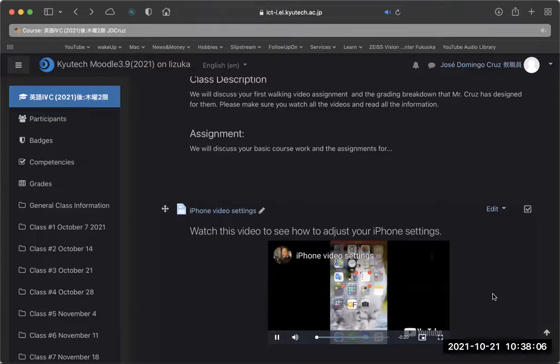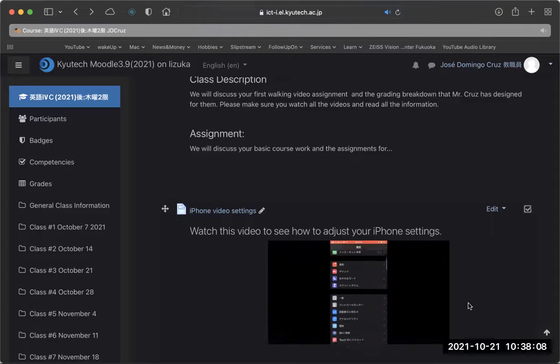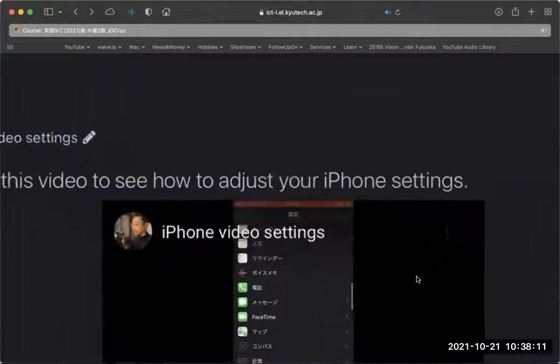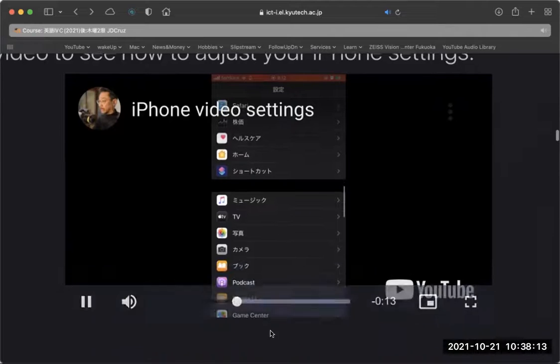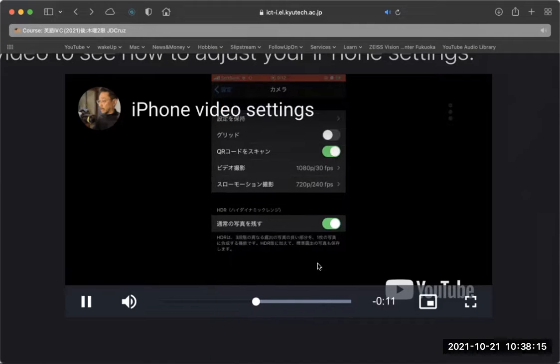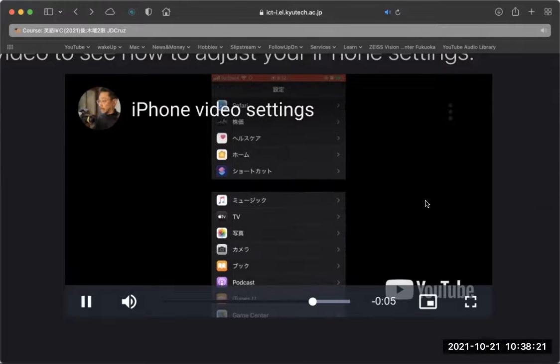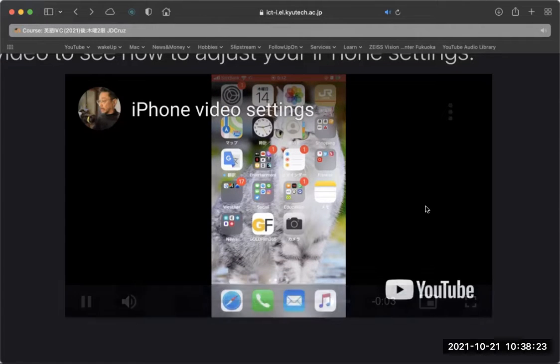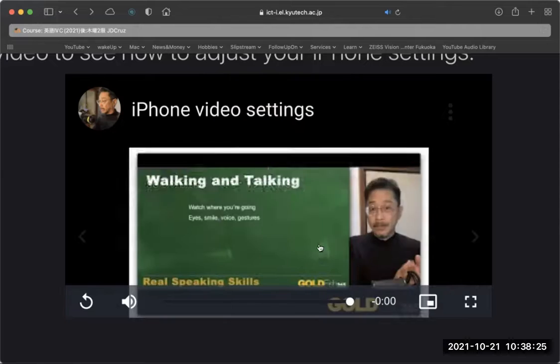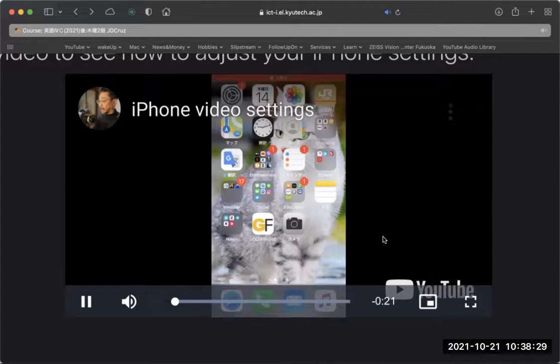Okay. So you can see that you go to settings. And then let me make this a little bit bigger. You look for the settings for camera right there. See that? Then you choose the video settings. So you don't go to 1080p, you go to 720. Go back. And then every time you use your camera, you'll be able to do that in a much lower resolution.